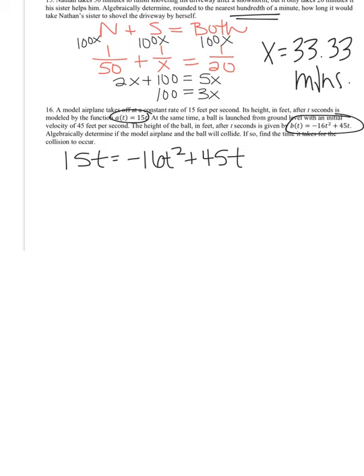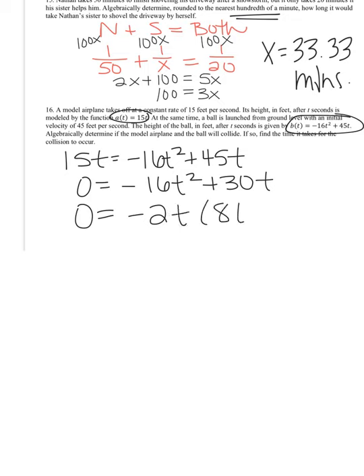And if you get negative numbers, because you cannot have a negative time, they are not going to collide. So when I solve this, 0 equals negative 16t squared plus 30t. I'm going to take out a GCF of negative 2t, and I'm left with 8t minus 15. Whoops.